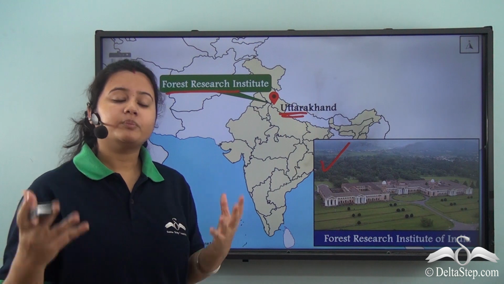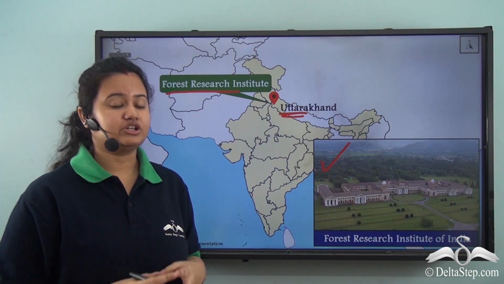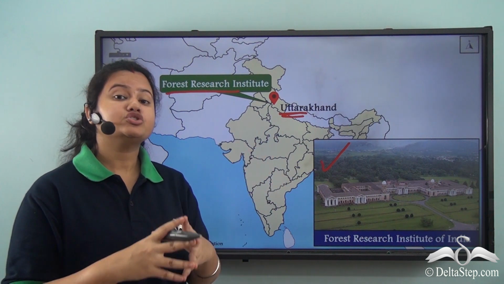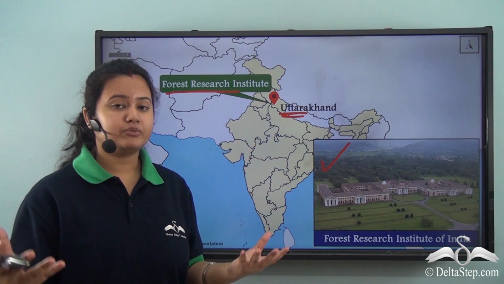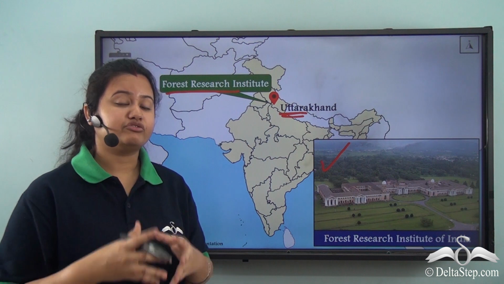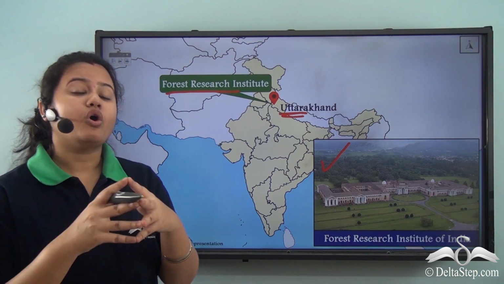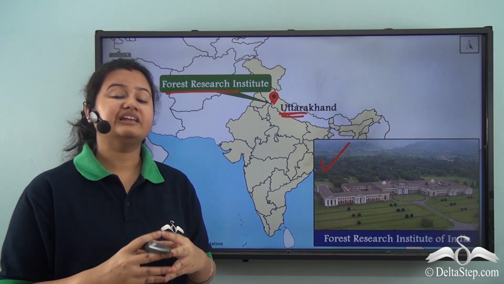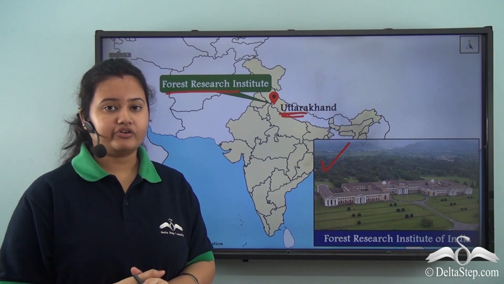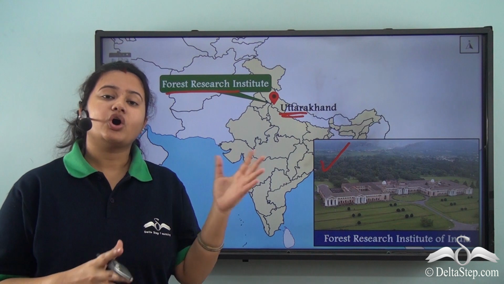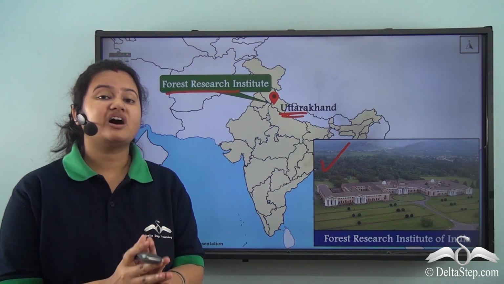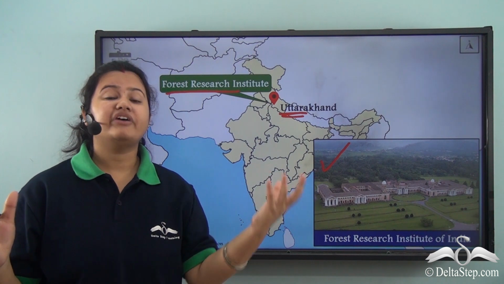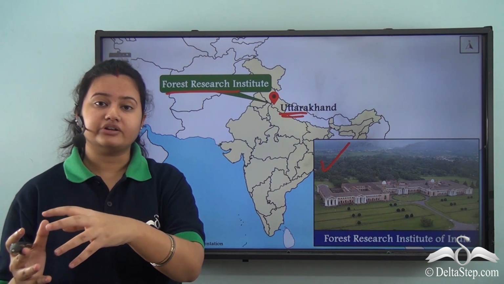Now, the main objective of this organization is to increase the vegetation cover of India, to create general awareness among people, to protect the forest, and to also look after the welfare of the people living in and around the forest. So yes, this organization not only looks after the forest but also looks after the people who are very much dependent on the forest.